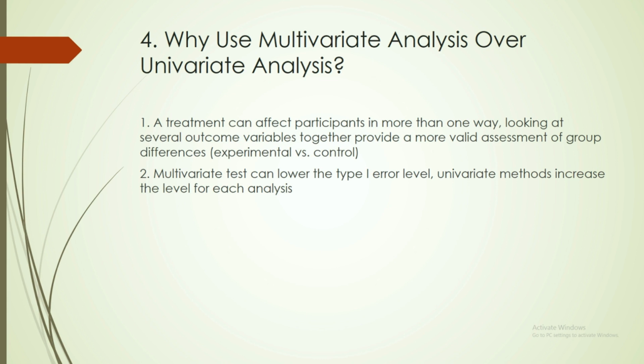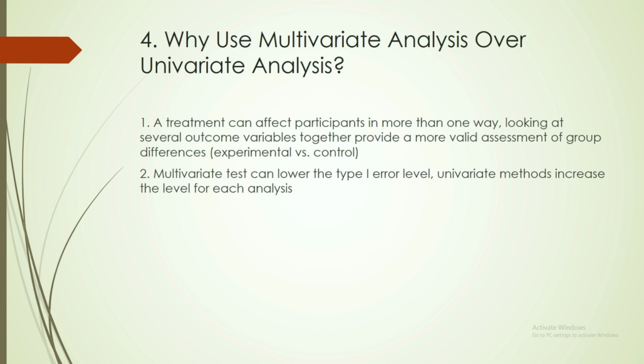And if we were to take all of these univariate comparisons and use them to arrive at a conclusion for the bigger picture, the type 1 error level is not going to remain at 0.05.